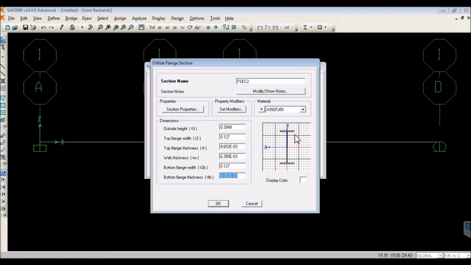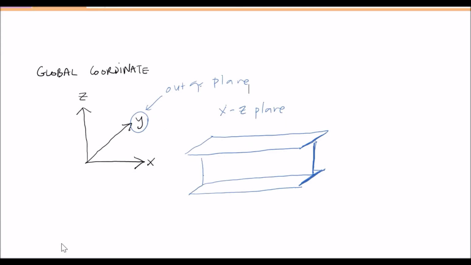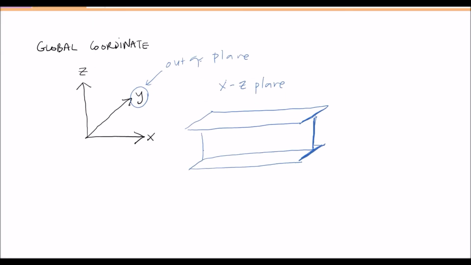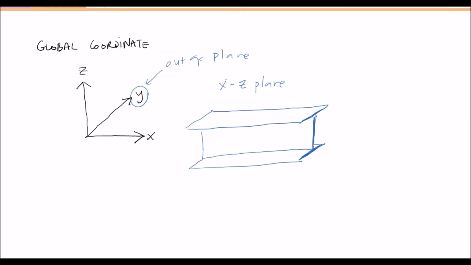If you look at this diagram, you can see that there's a new axis, number 2 and number 3. This is called the local axis. So you have another axis that you need to consider, apart from the global axis. The local axis is the axis within the member, and it is different from your global axis.